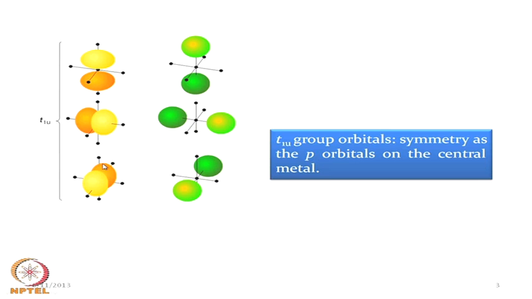Therefore, altogether 1 plus 2 plus 3, that means 6 orbitals are available from the metal side for interaction. Similarly, the SALCs, that means the symmetry adapted linear combinations of the different available orbitals on the ligand atoms, are also 6 in number, that means 6 plus 6, 12 orbitals are involved in the molecular orbital formation for sigma bonding.